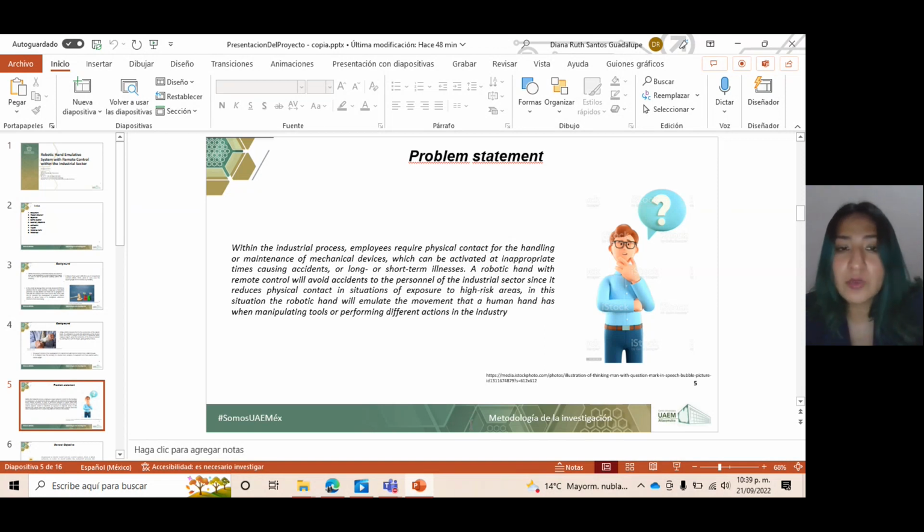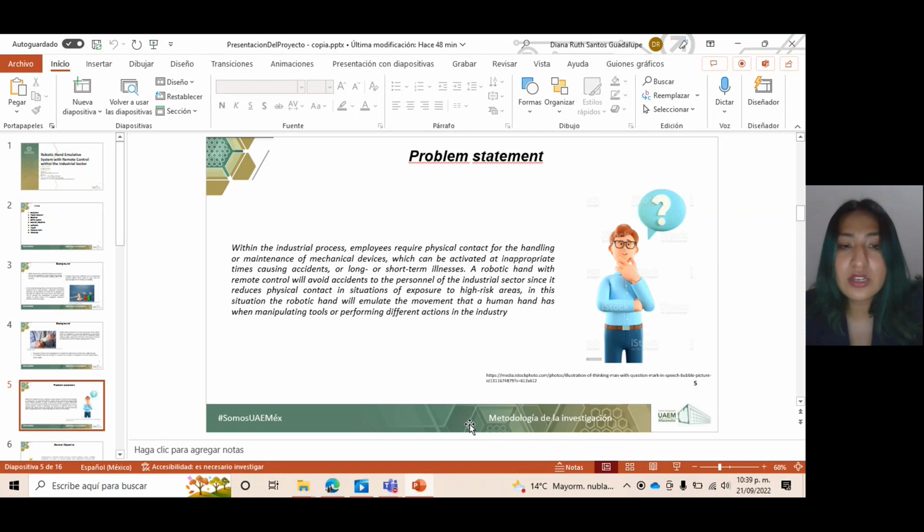A robot hand with remote control will avoid accidents to the personnel of the industrial sector and reduce physical contact in situations of exposure to high-risk areas.